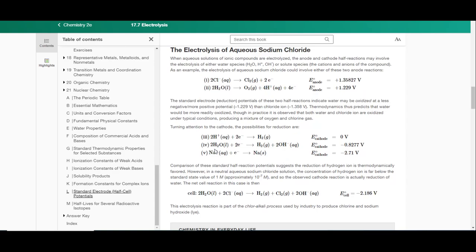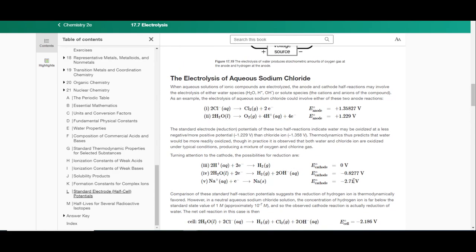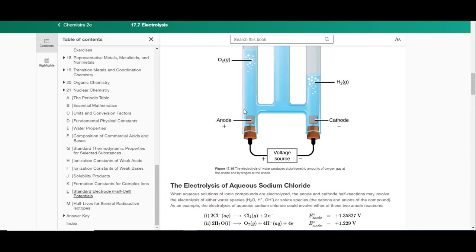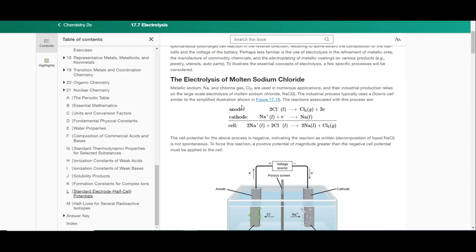And you can see the same thing on the metal. The metal has a really high reduction potential. So it really doesn't want to be reduced into sodium metal. So we can see here that if you use aqueous sodium chloride, it's not possible to get the metal and chlorine gas. But if you look up here, we use molten sodium chloride.